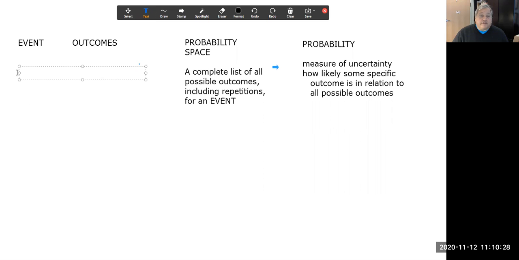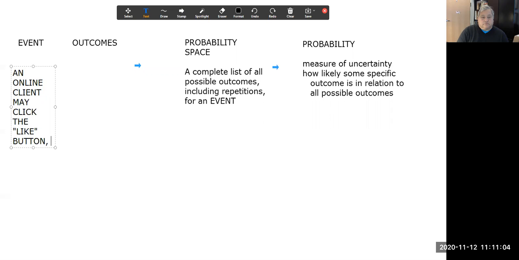So for example, an event could be an online client may click the like button or not.